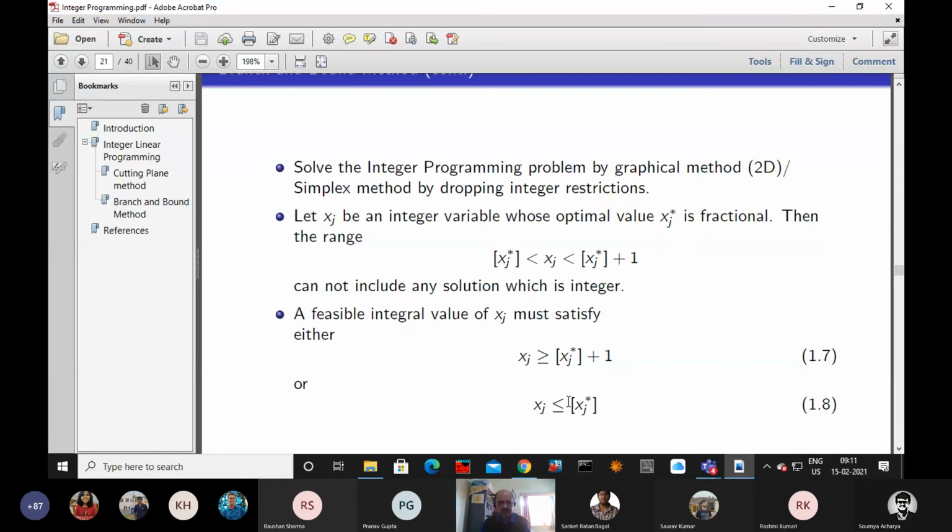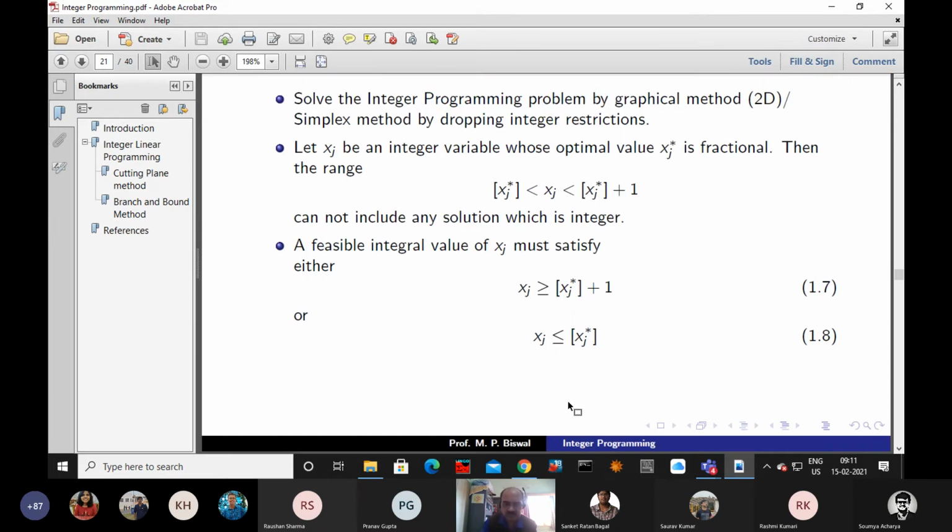We have put an upper bound and a lower bound. Then using these bounds we are branching. This single-variable problem branches into two parts: left hand side one branch, right hand side the other branch.